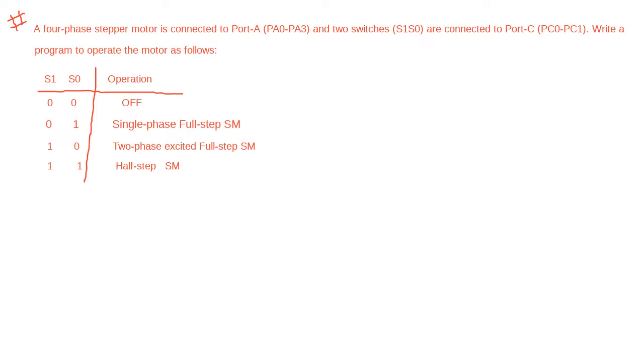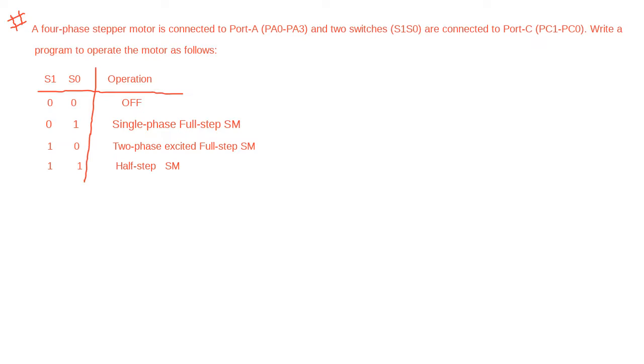I think it's better to write it: PC1 and PC0. So that means PC1 is connected to S1 and PC0 is connected to S0.